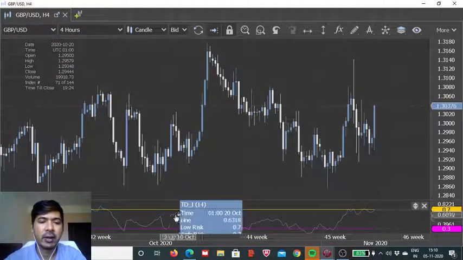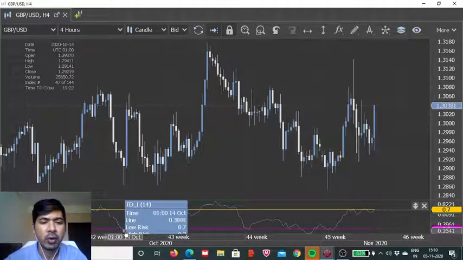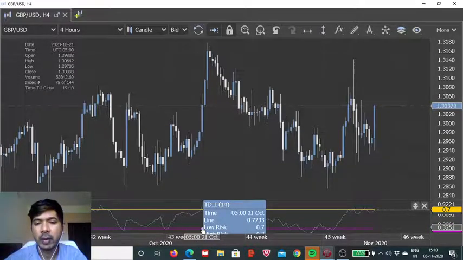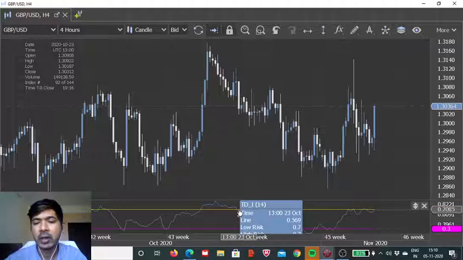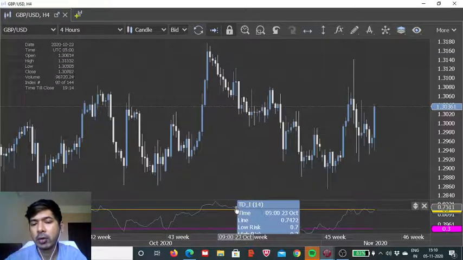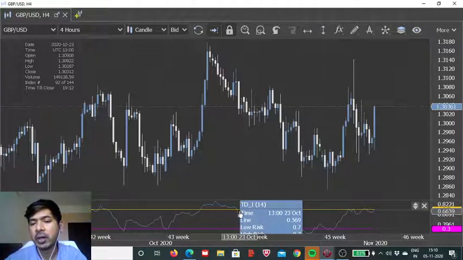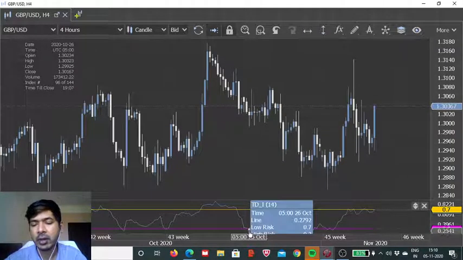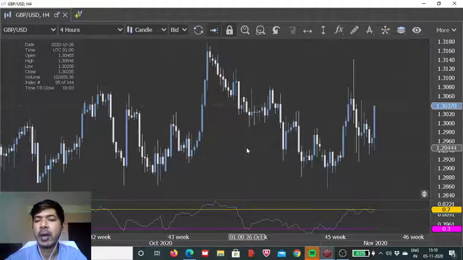And as I said, the setup holds true on the lower time frames as well as on the longer time horizon. So here you can initiate the sell trade whenever the crossover happens below this low risk line, and you can initiate the buy trade whenever the crossover happens above this high risk line for the buy side.